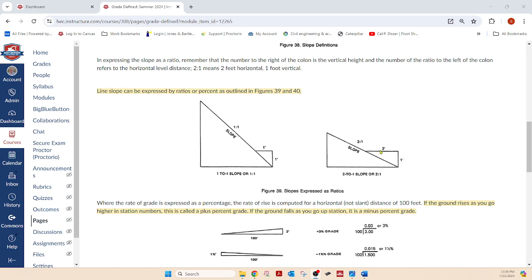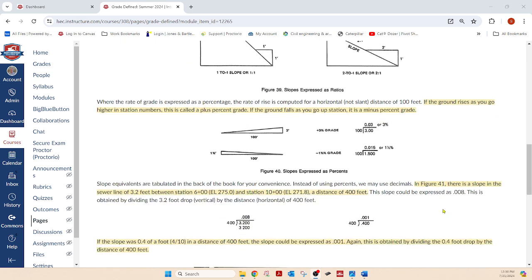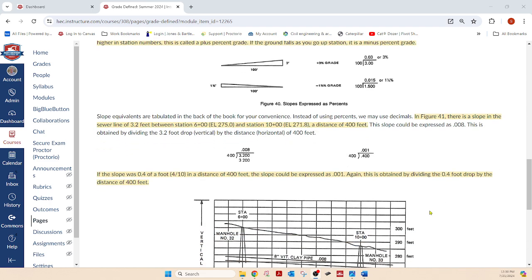So you take the horizontal and divide it by 1, and you get 2 in this case, which would be 2 to 1. Okay? So far, so good.